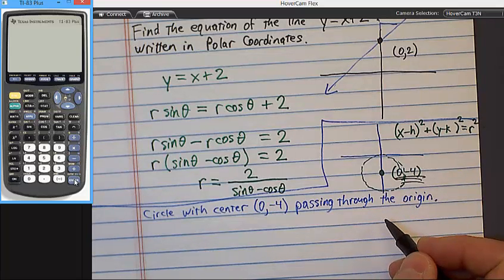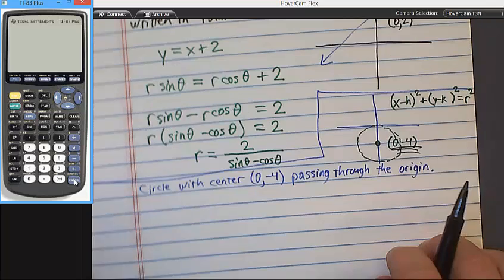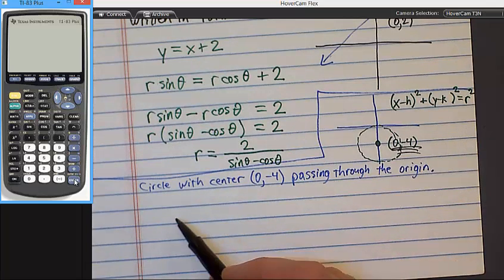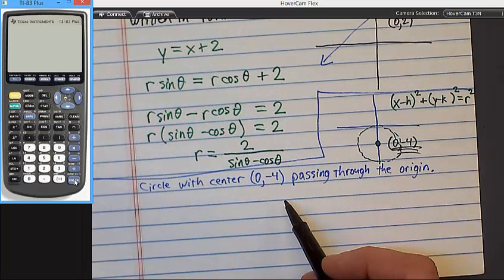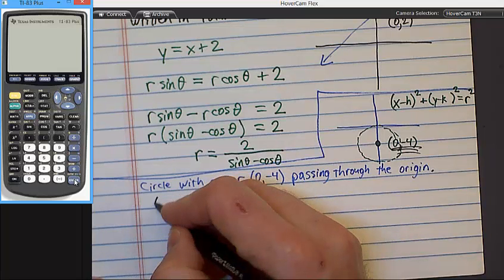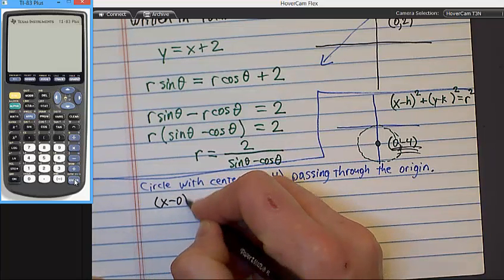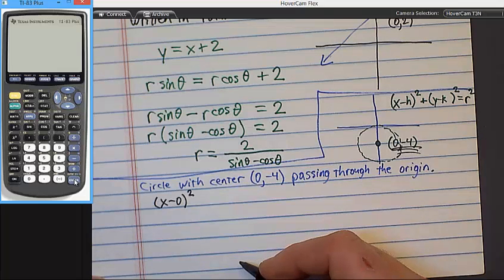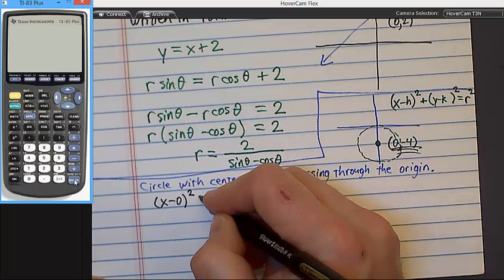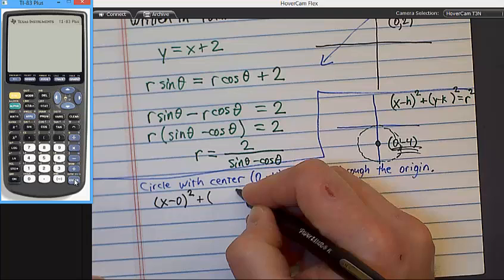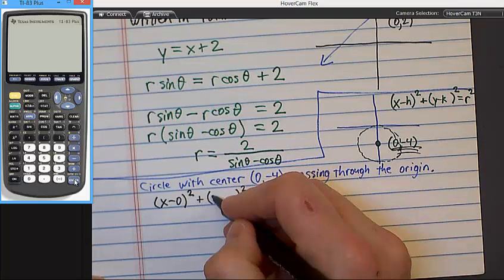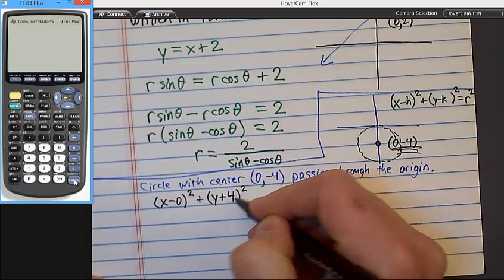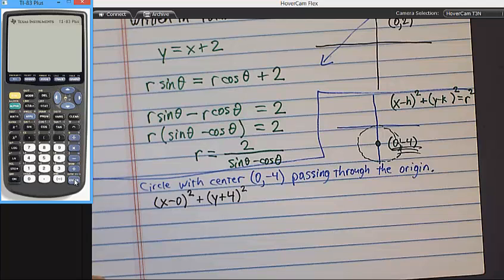Okay? So when I say, hey guys, we have a circle with center 0, -4, you could write it this way. X minus 0 squared plus, do you know what I'm going to write here? We would write y plus 4 squared, right? Because y minus -4 is y plus 4.